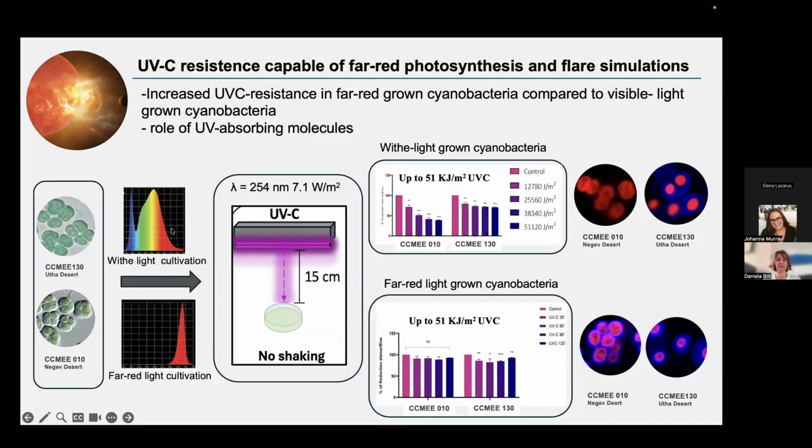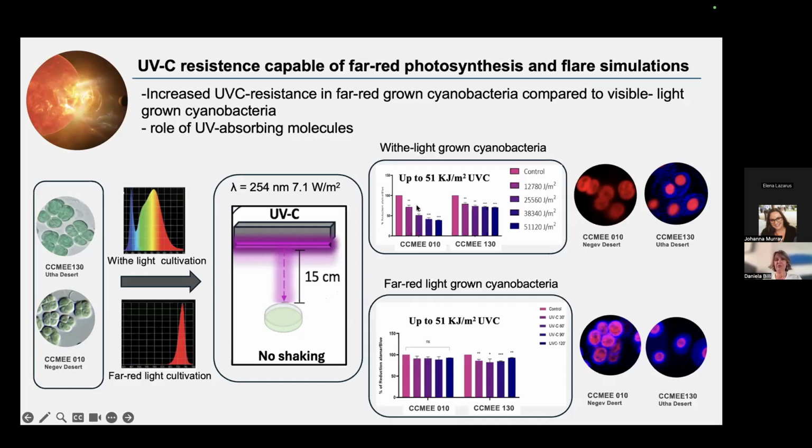So we made a comparison of cyanobacteria grown under white light or far-red acclimated, and we used a UVC lamp at a certain distance. We didn't use shaking because we wanted to enhance resistance by taking advantage of cell-cell shading. That is also a condition that we think could occur on an exoplanet. So there is no vortex keeping the cells in solution.